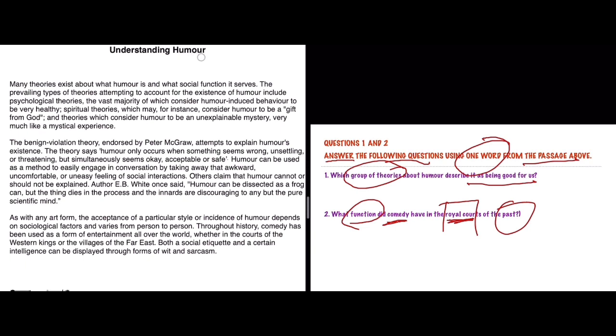Understanding humor. Many theories exist about what humor is and what social function it serves. The prevalent types of theories attempting to account for the existence of humor include psychological theories, the vast majority of which consider humor-induced behavior to be very healthy.